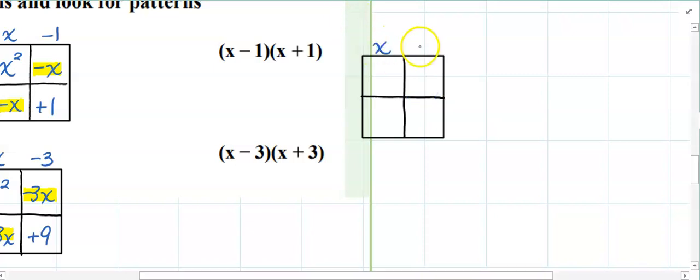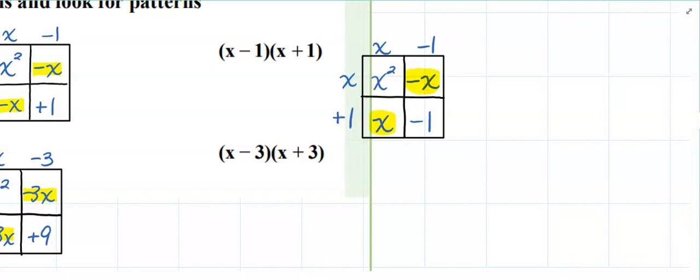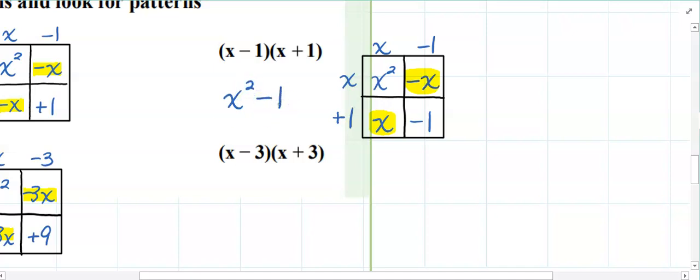When I box these, x take away 1, x plus 1, I get x squared, negative x, positive x, take away 1. Again, these inner and outer terms combine, and I'm left with x squared minus 1.